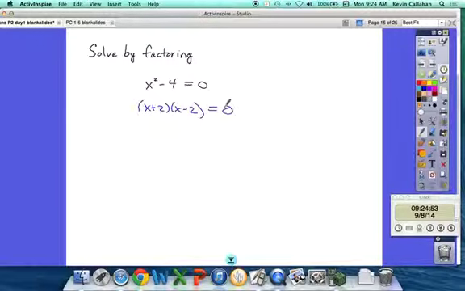Which means that the x term has a coefficient of 0. So you could think that same process that we did on the first one. What two numbers have a product of -4 and a sum of 0? 2 and -2. There you go. Now what are the answers? -2 and 2. Done.